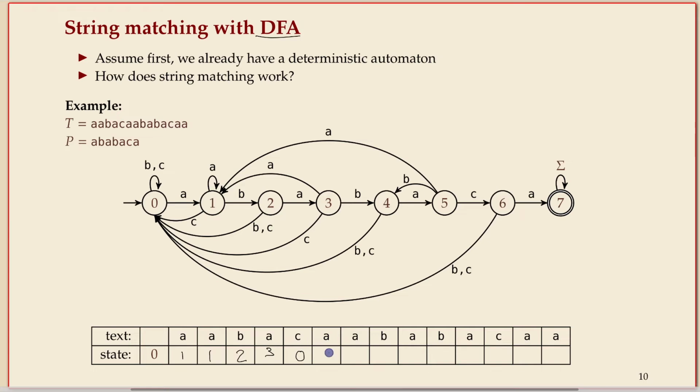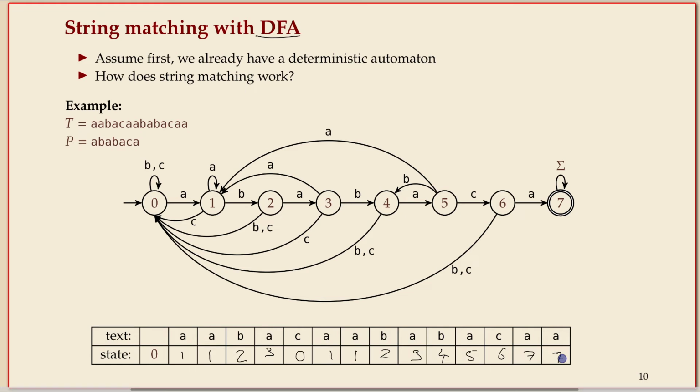From 0, an A is back to 1, and we stay in 1 with another A. 1 with a B brings us to 2, then A brings us to 3, and now we go forward to 4, and actually 5, and 6, and 7. And here we stay with whatever letter, we just stay in 7.